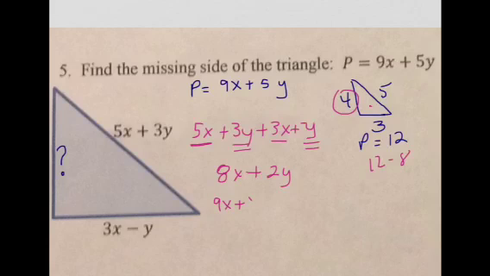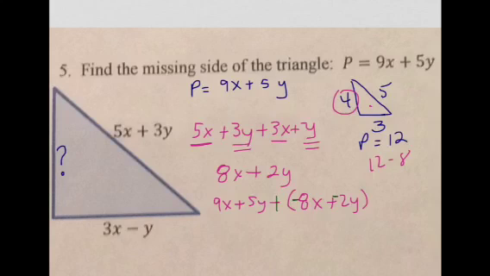9x plus 5y minus, and we have to put the binomial into the parentheses to remind ourselves that we need to subtract both of the terms. So now what we're going to do is add a line, change the sign of everything that is behind the subtraction sign.